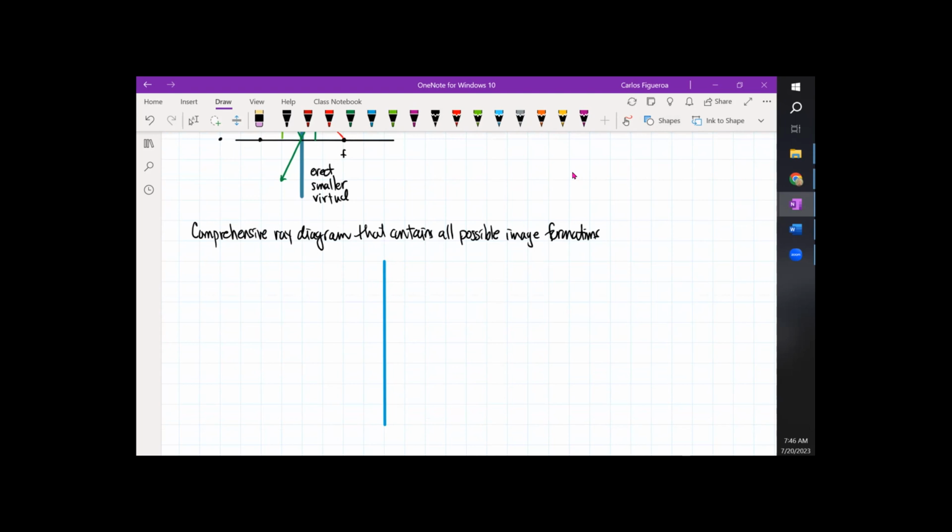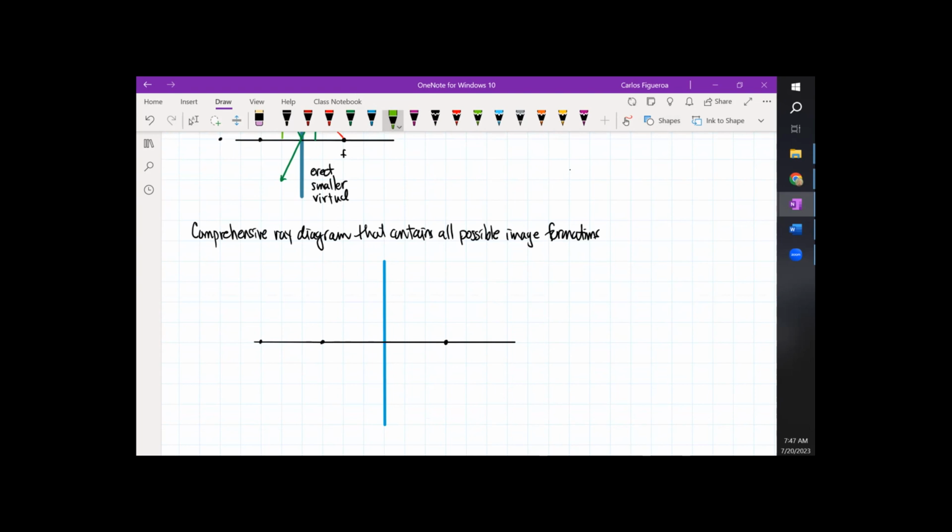Now let's draw my axis. And I want to spread these out as much as I can. So I'm going to pick a focal point that's a factor of 3. Okay, this way the rays will get really separated.